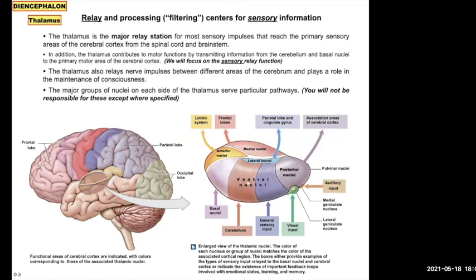So almost all parts of your brain are talking through the thalamus.